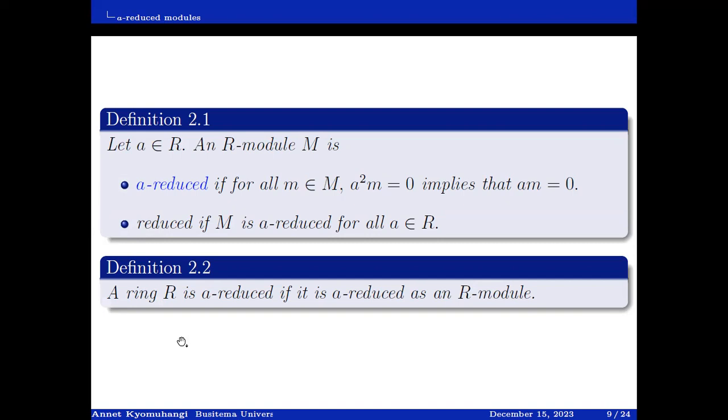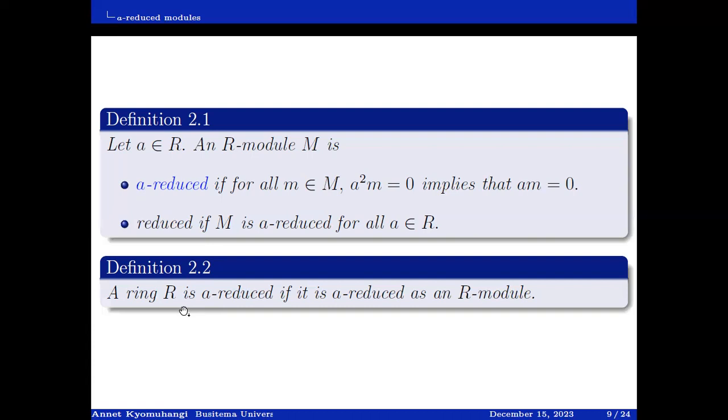So we are saying that a module M is a-reduced if for all m in M, a squared m equal to 0 implies that am is equal to 0. So a module will be reduced if it is a-reduced for all elements a of the ring. That is why we say that a-reduced is locally reduced, because we are describing it with just a single element of the ring.